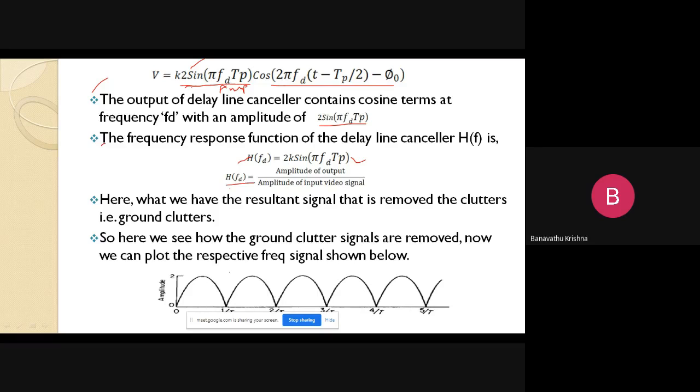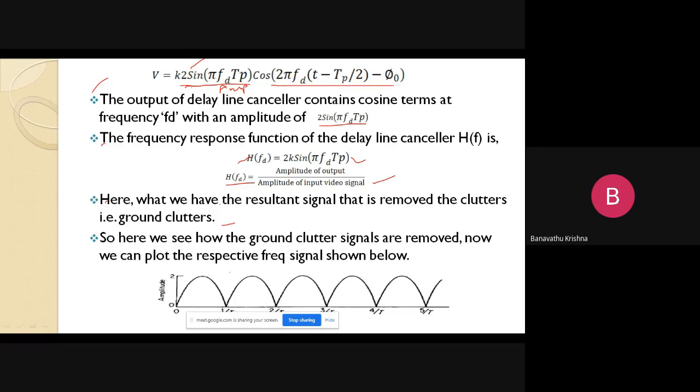H of fd equals the amplitude of the output response divided by the amplitude of the input video signal. The resultant signal has the clutter, that is the ground clutter, removed. After processing the received signal, we get the resultant signal, the response of the system.